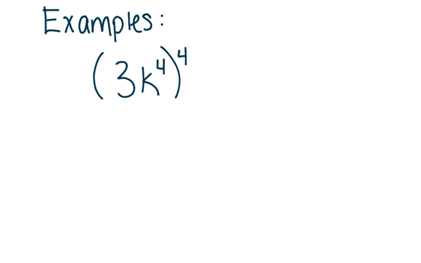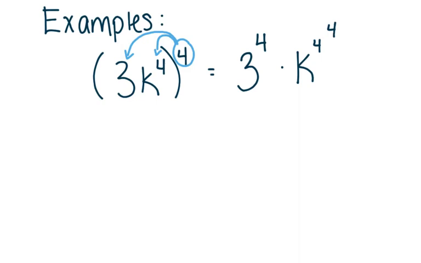Okay, now this one. Notice the 3k to the 4th is in parentheses, which means that this 4th power is being raised to this one, but it's also being raised right here. So I'm going to write it out a little bit better for you. This is actually saying we're doing 3 to the 4th power, and then we're also doing k to the 4th power to the 4th power.